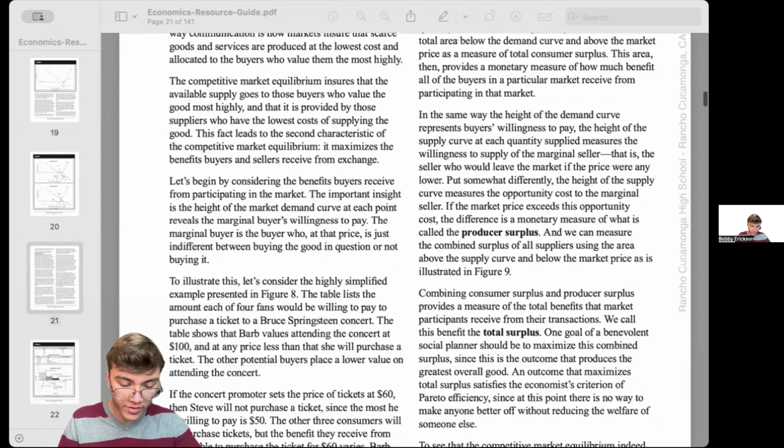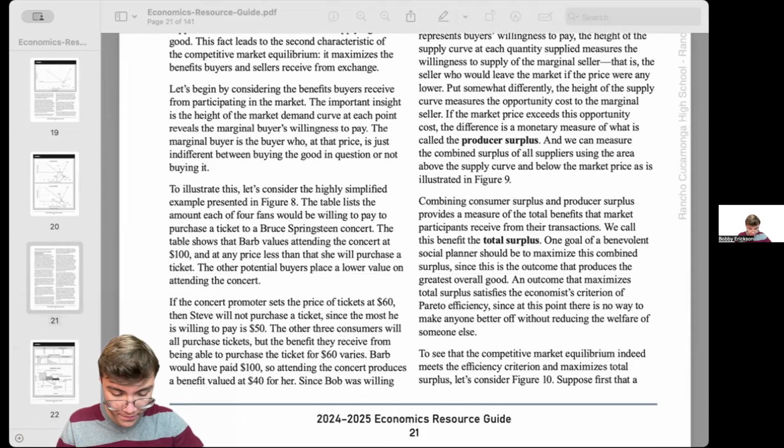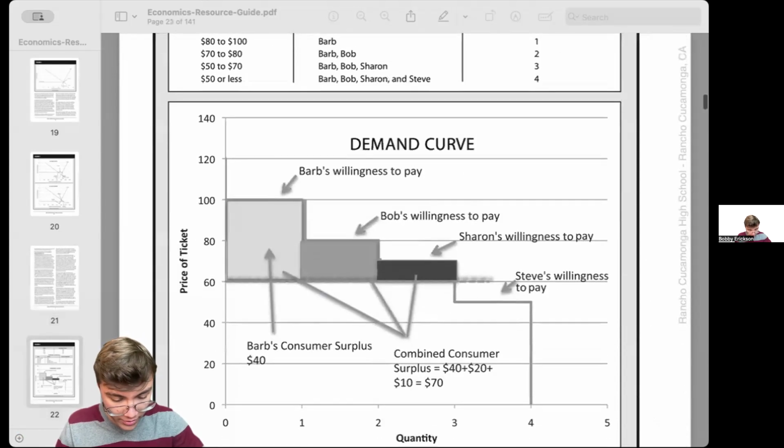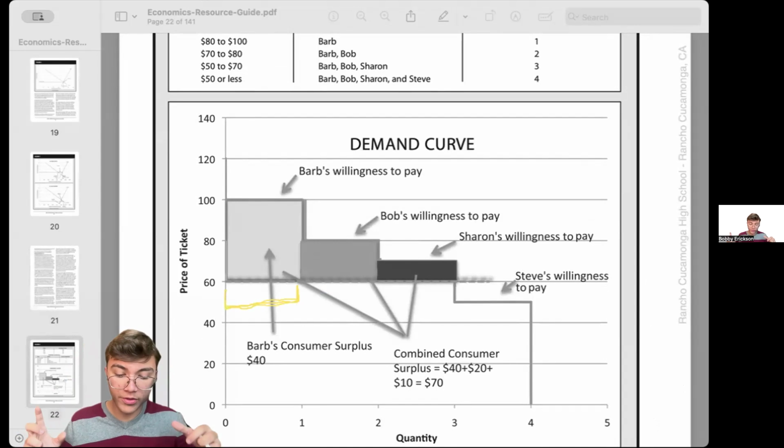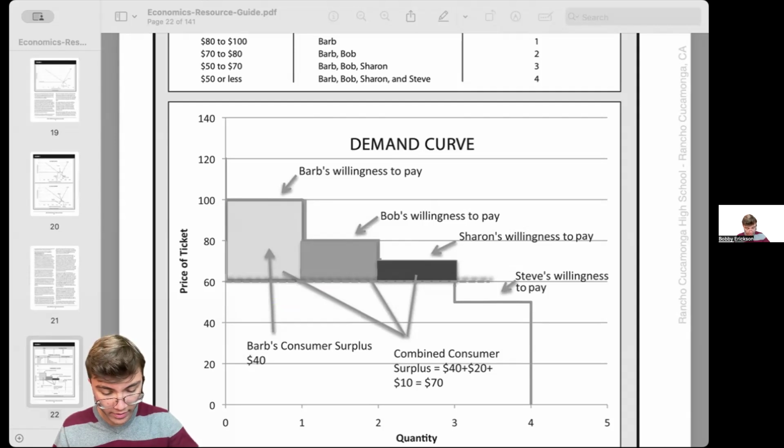So remember, this idea of a marginal purchaser is literally just a single purchaser, a margin here, a group of people that are willing to pay that price point, and what is their overall benefit on that demand curve as we can see.